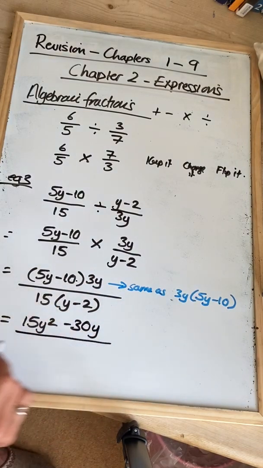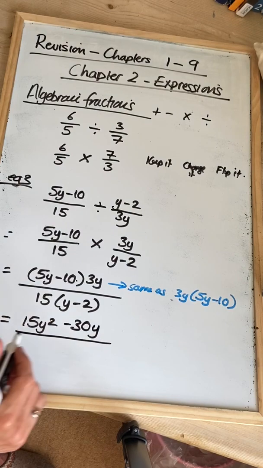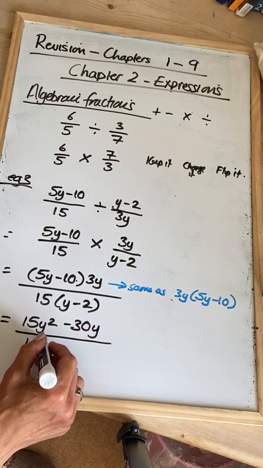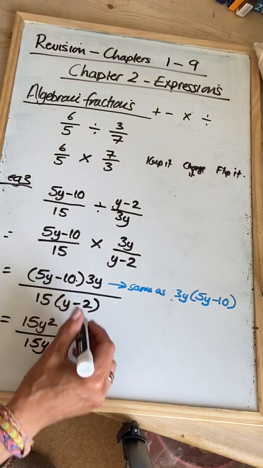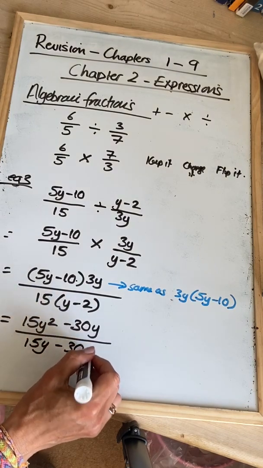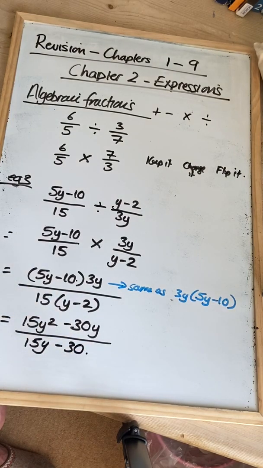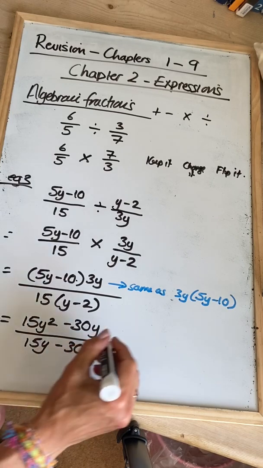And then on the bottom, I've got 15y minus 30. Now, you've done the multiplying out at this stage. Final thing on this one though, I can see that I've got some common factors that could come out here. So I'm going to simplify this further.